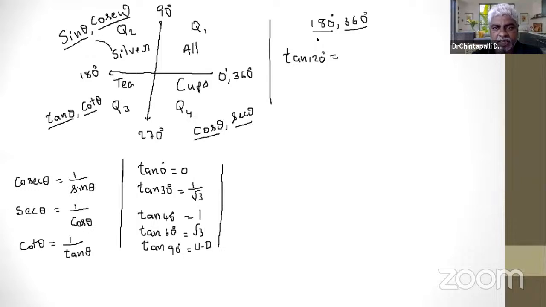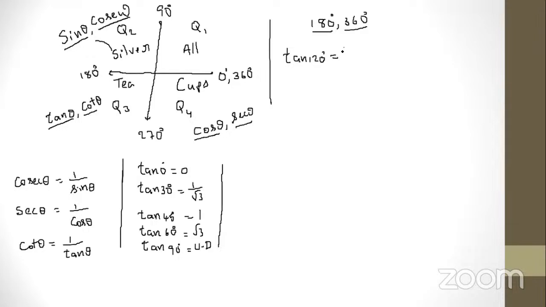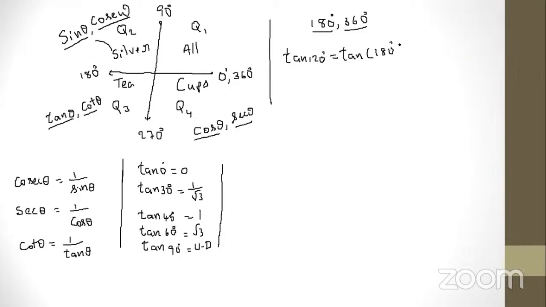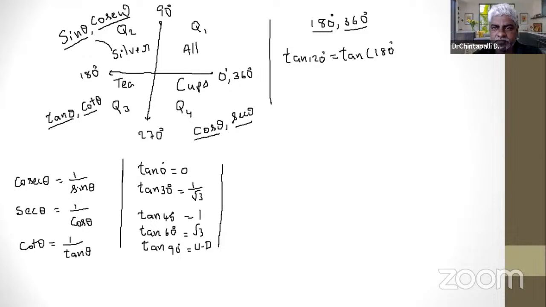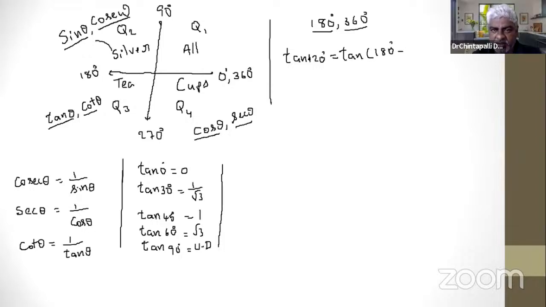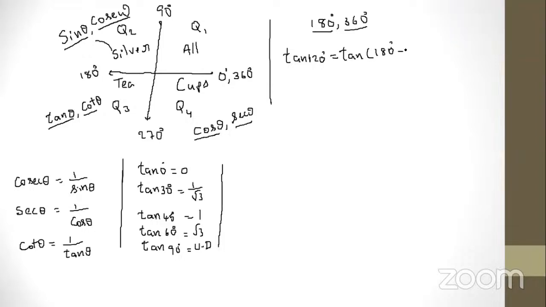Is 120 degrees nearer to 180 degrees or 360 degrees? 180 degrees. So how to write 120 degrees using 180 degrees? 180 minus something or 180 plus something? Minus. Minus how much? 60.